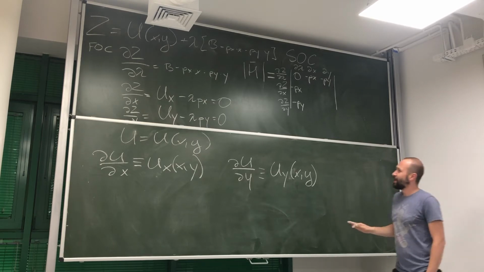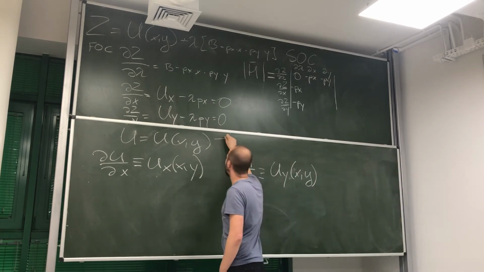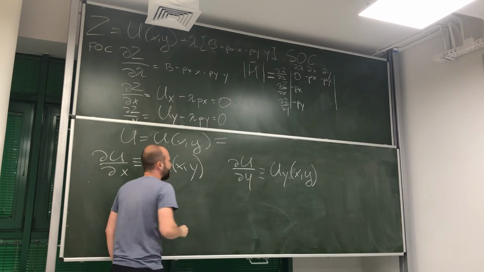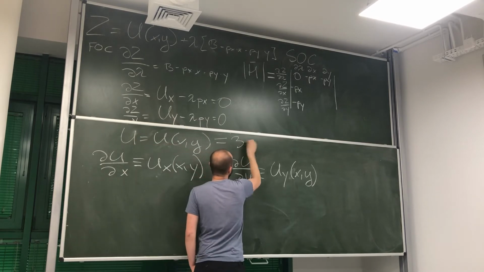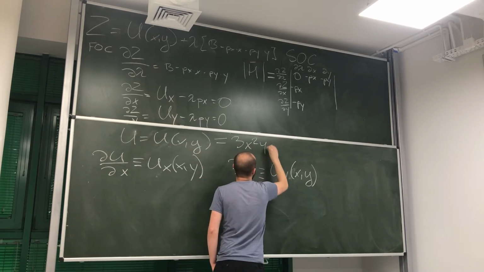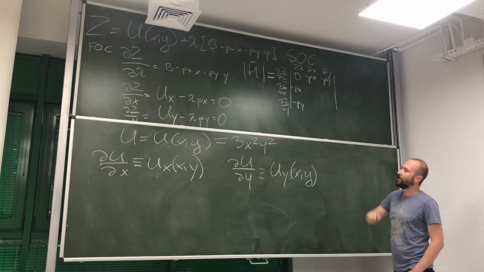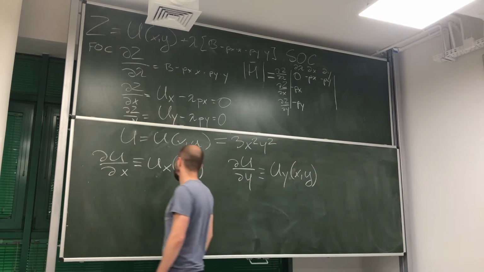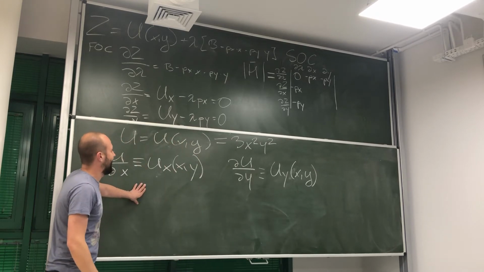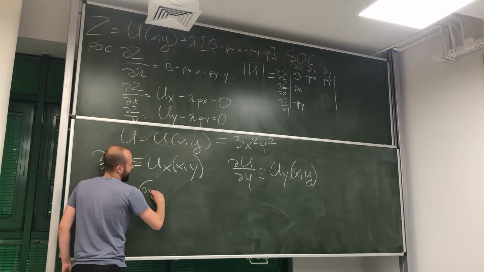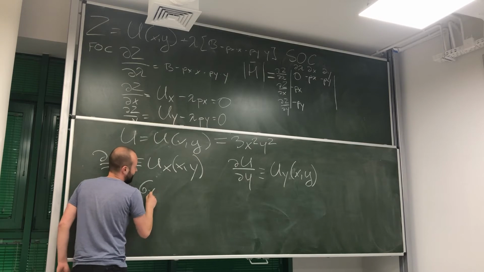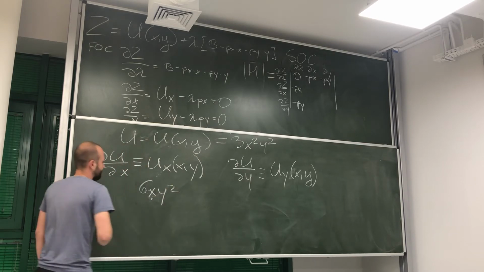Look, imagine that our utility function has the form 3x squared y squared. What is the marginal utility with respect to x? It's 6x y squared, right?